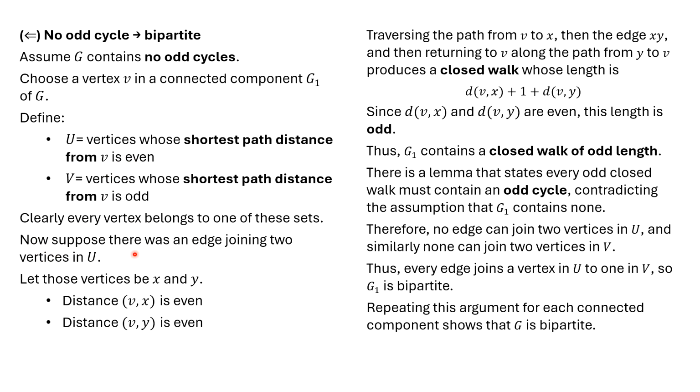So now suppose there was an edge joining two vertices in U. We want to get a contradiction here. Let those vertices be x and y.